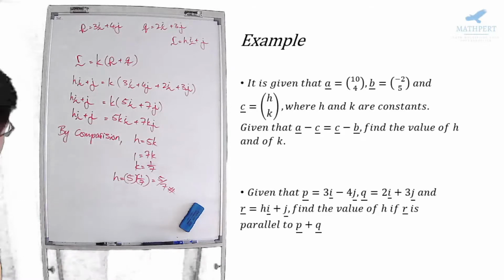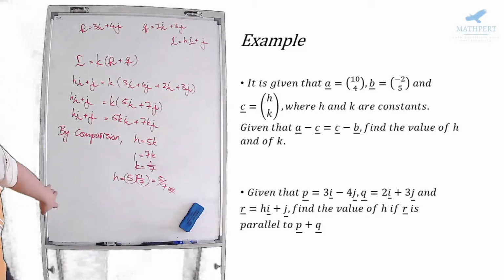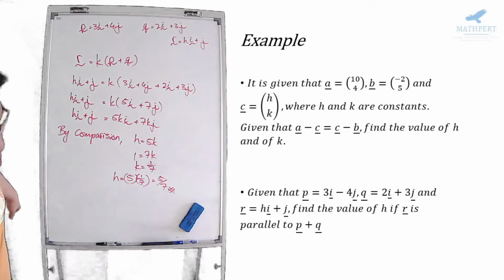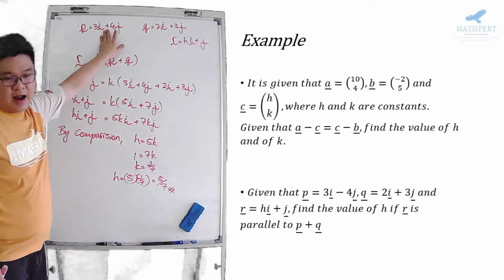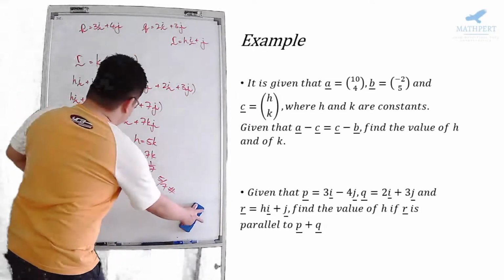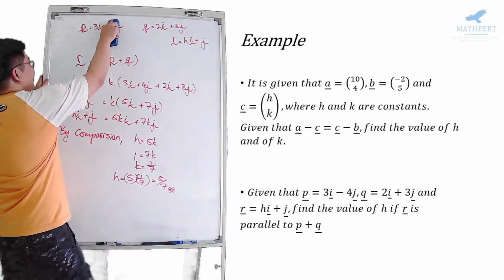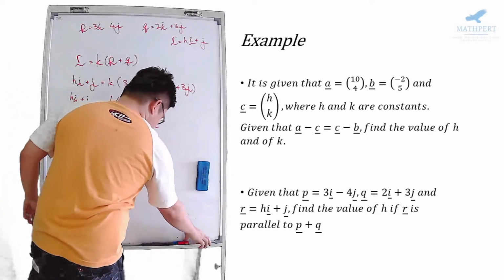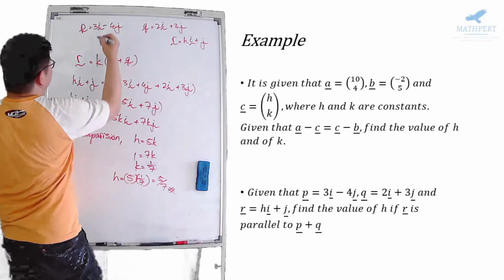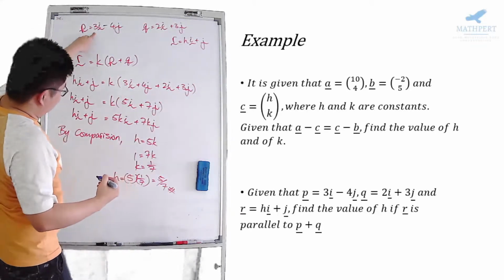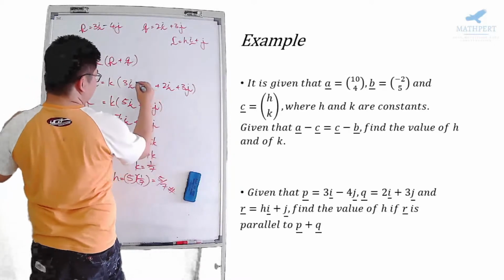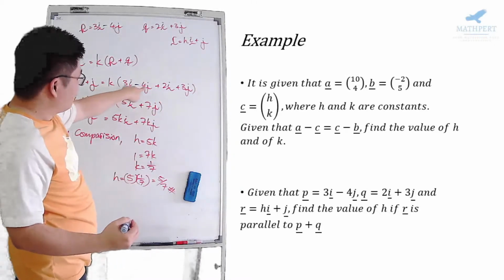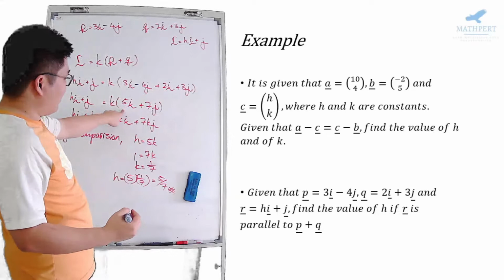Let me see, is it correct? Oh, okay, this is a minus, so let's make some changes here. This will be the minus. So 3i plus 2i is 5i.